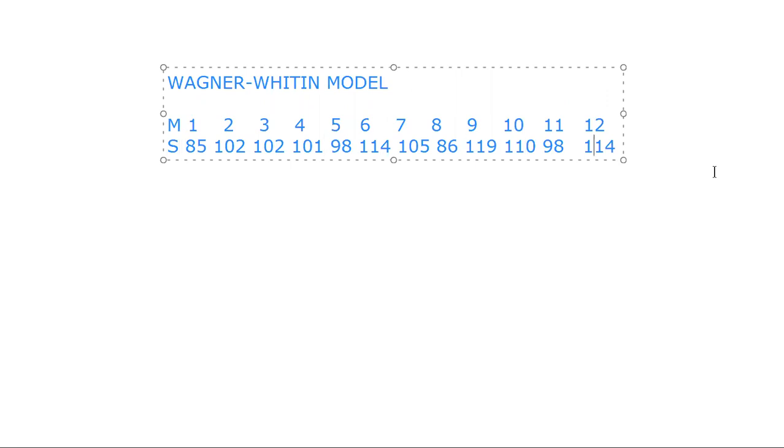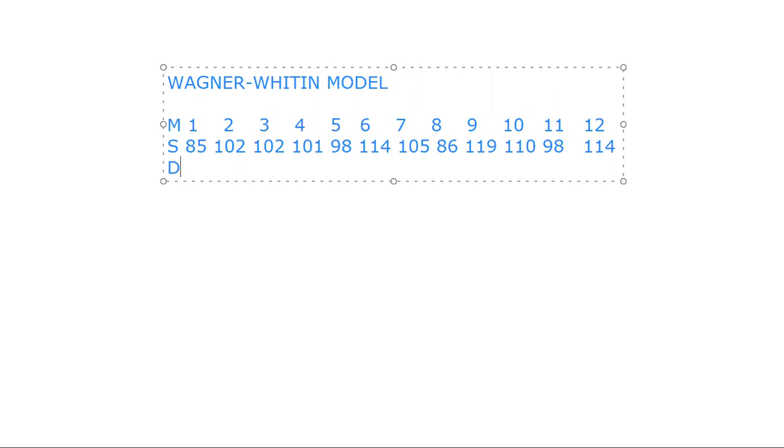Now I have one more thing, which is the demand. Demand is as follows: 69, 29, 36, 61, 67, then it is 45, then it is 67, then it is 79, and then it is 56.